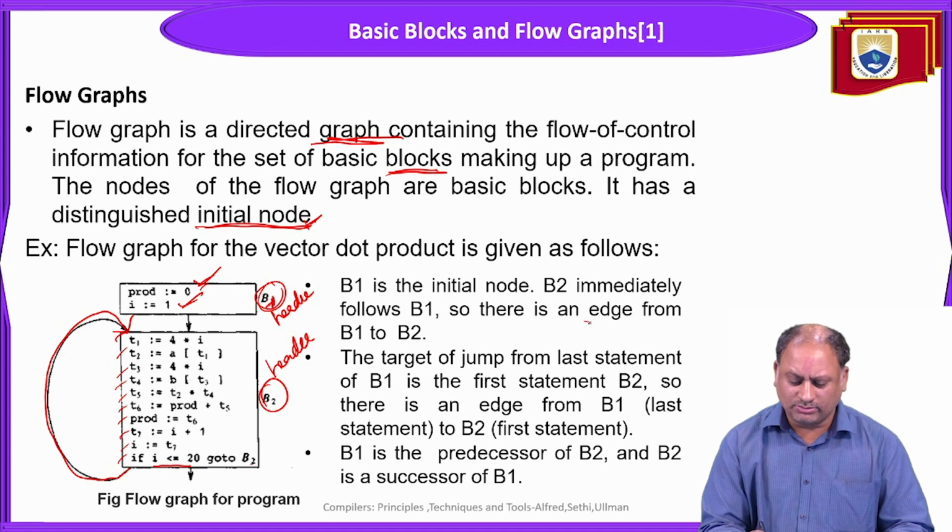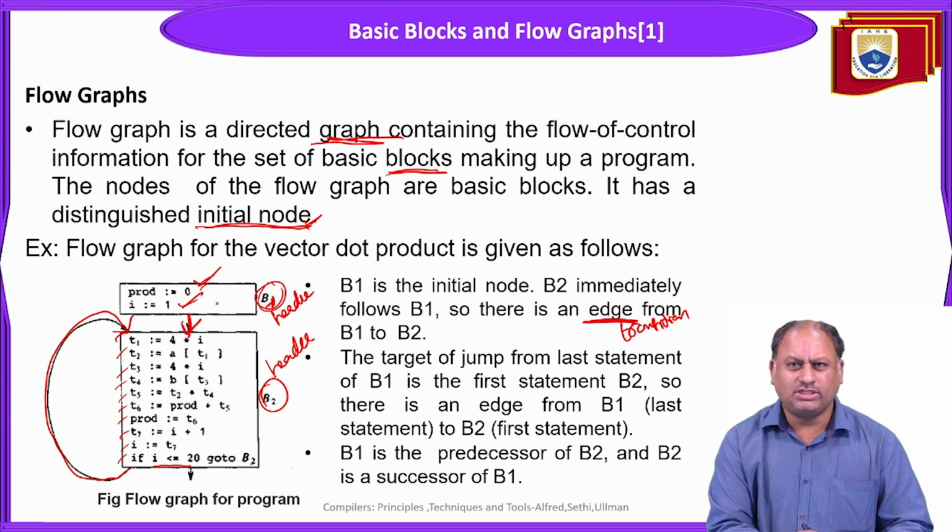That connection is called an edge or transition. We draw an arrow indicating that there is an edge or transition from block B1 to B2.